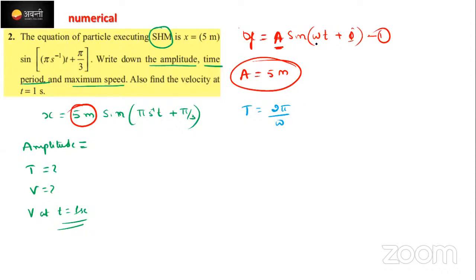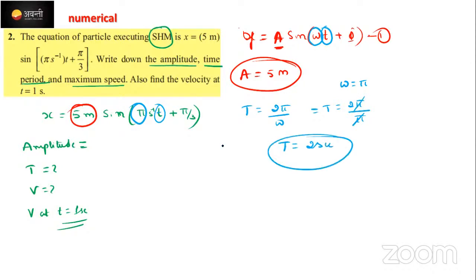In the standard equation we have omega into t. Compare this equation: here omega is replaced by pi, and t is the same. So omega value will become pi. Substitute this value: T is equal to 2 pi divided by pi. Pi and pi cancel, so what is the T value?